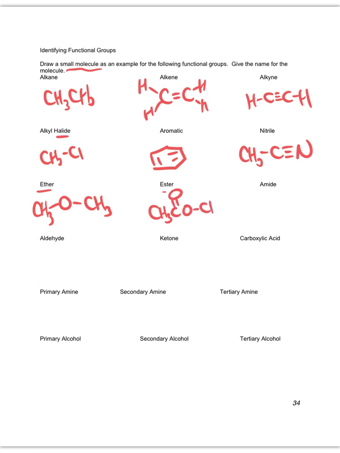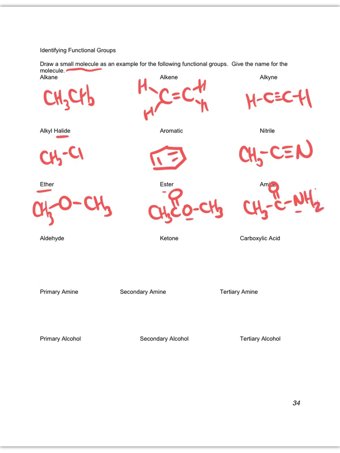It has the carbonyl in there also. And then the amide, instead of the single bonded oxygen of the ester, we'll make it an easy amide. We just have a nitrogen in place of the oxygen in there.